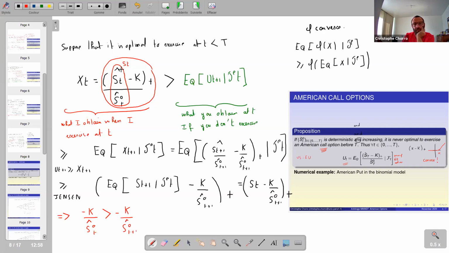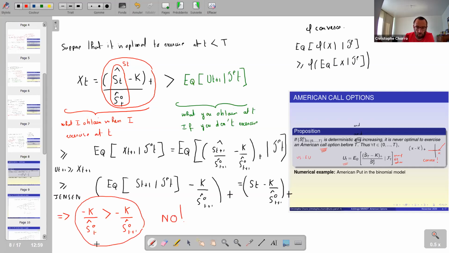If this one is greater than this one, it implies that minus K over S0 t is greater than minus K over S0 t plus 1. And I have a problem with this. It's not possible to have this.